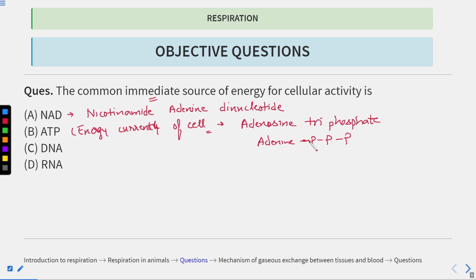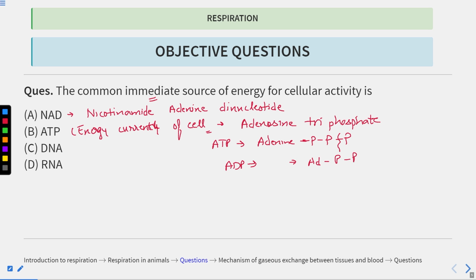Whenever there is a breakdown of a phosphate molecule, then ADP, adenosine diphosphate, will be formed. Here we have adenine and only 2 phosphates.